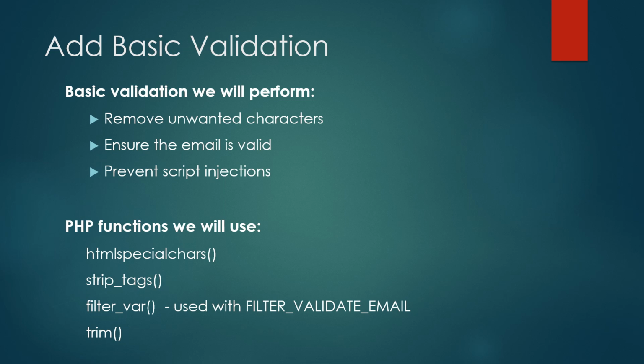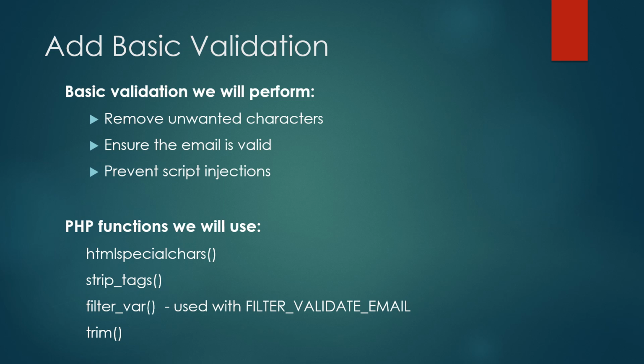And then the other function is the filter var function. This can be used to validate and sanitize input values. It requires two arguments: the variable to be filtered, and the constant name of the filter to be used.